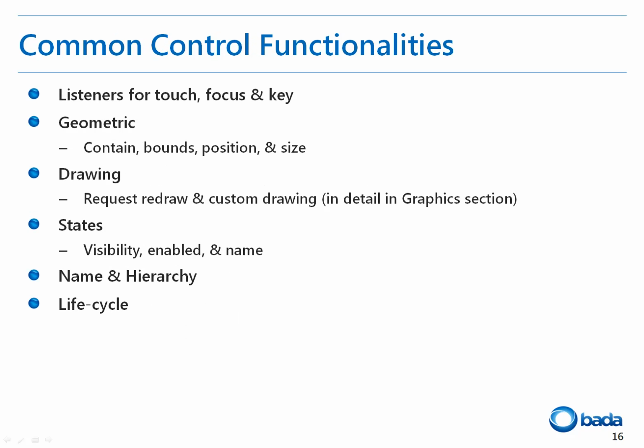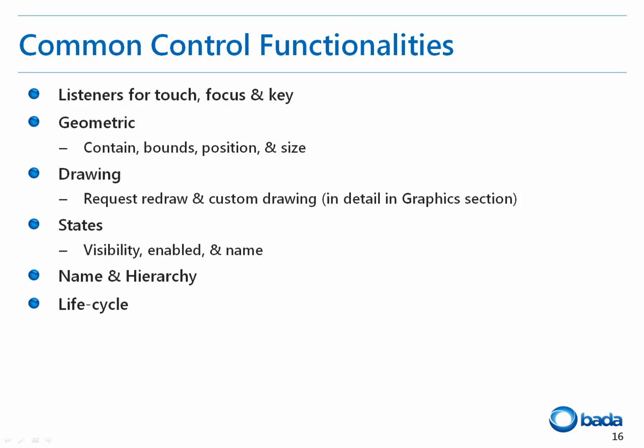Next, let's have a look at the common features of the bada UI controls. First, you can add listeners to the bada UI controls to handle touch, drag and drop, focus, and key events. The geometric functions provided by the controls include functions to set and get the bounds, position, and size, and the contain function is provided to identify if a point is within the control or not.